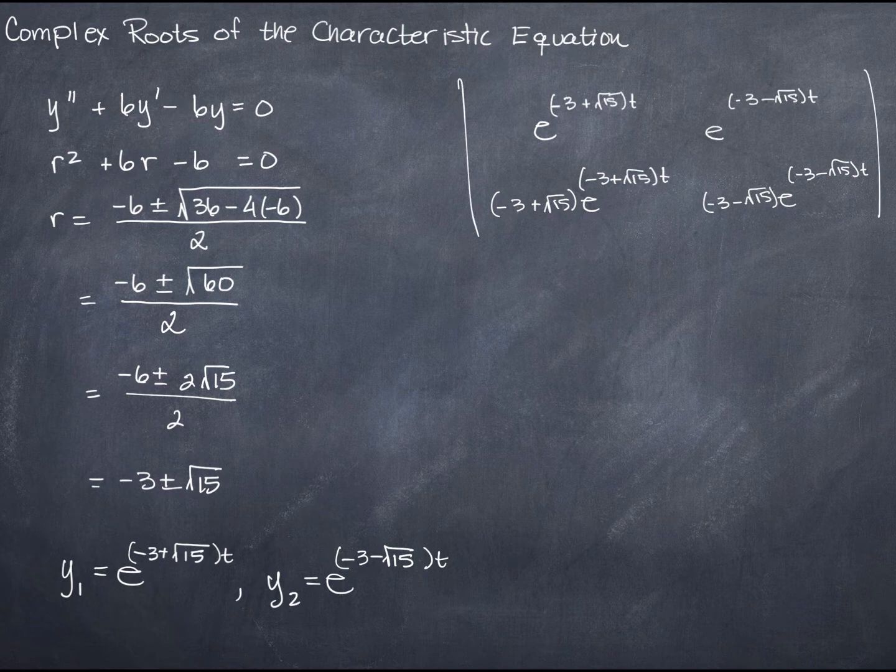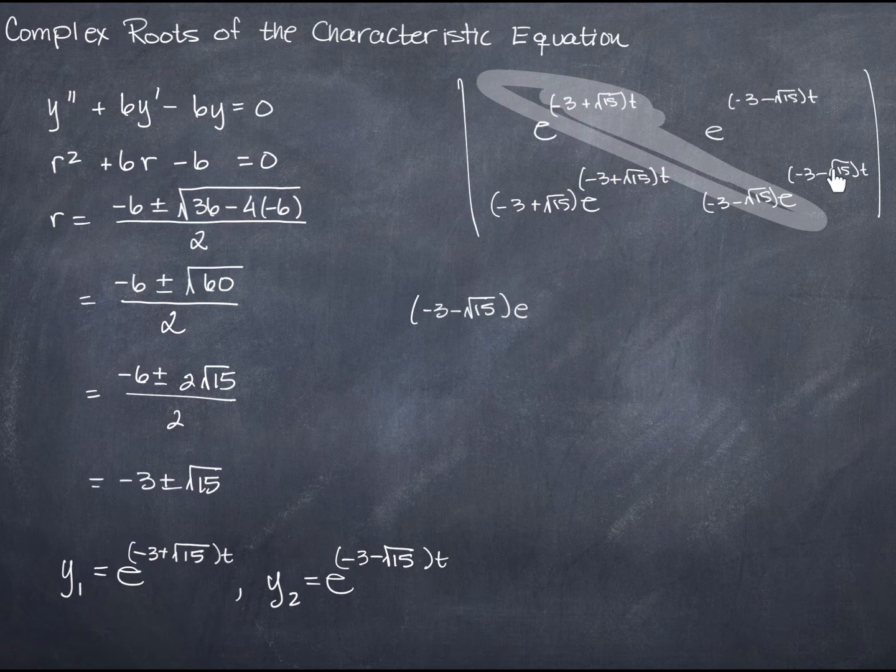And the determinant of that matrix is this product, which is negative 3 minus root 15 times e to the, we're multiplying factors with like bases, so we add the exponents, and we get negative 3 plus root 15 t plus negative 3 minus root 15 t, which is negative 6t.